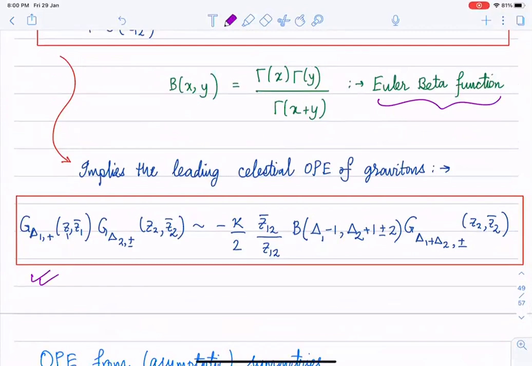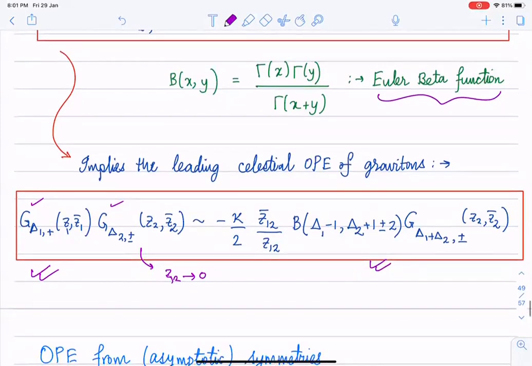There is an operator statement of the following form: if I take, let's say, two graviton operators denoted by G1 and G2, and take their OPE, which is basically Z12 going to 0, then I get some structure which looks like this, and this essentially gives me the leading term in the celestial OPE. So if you take the OPE between two graviton primary operators on the celestial sphere, you get some object which looks like this.